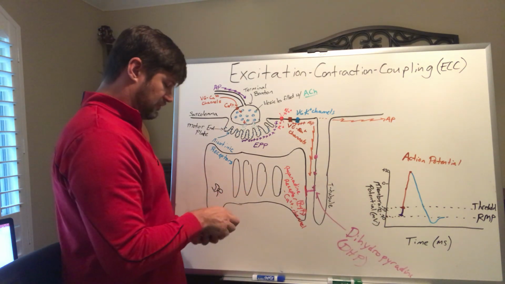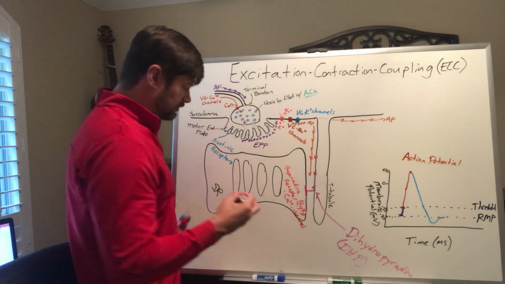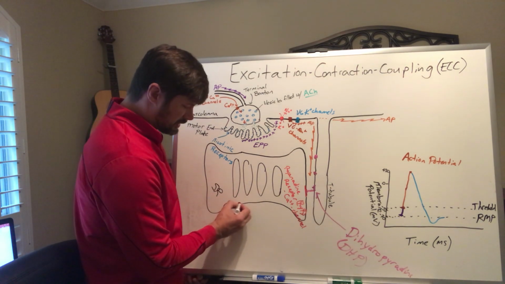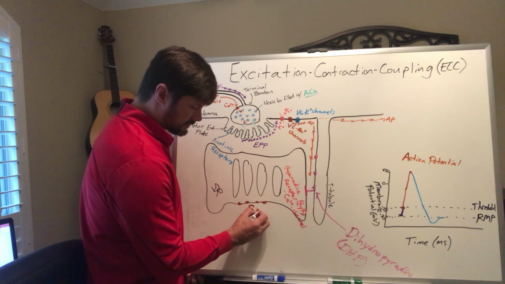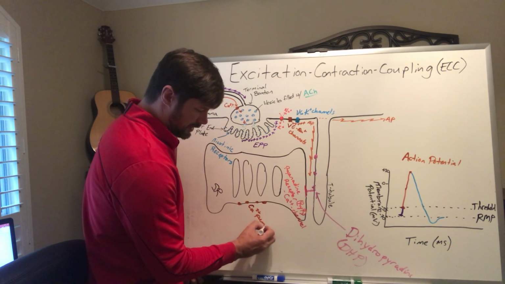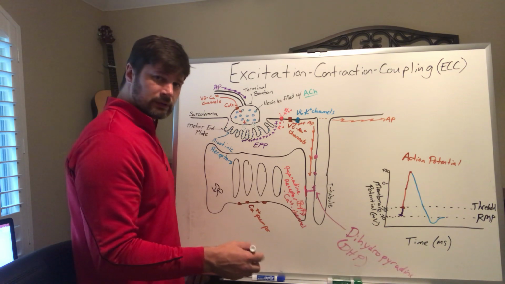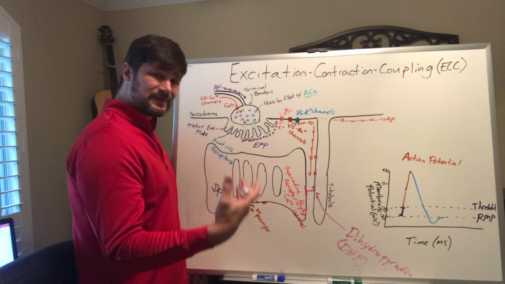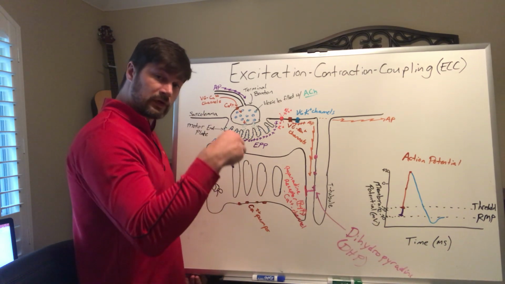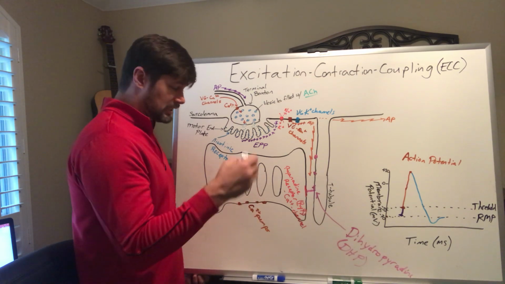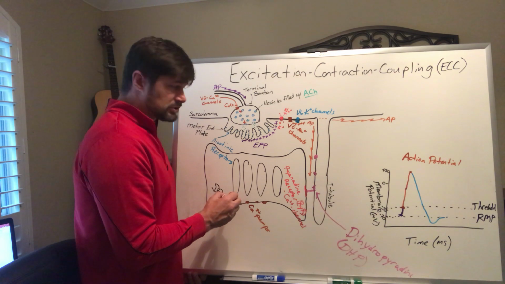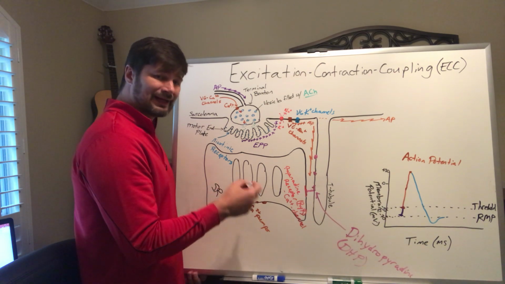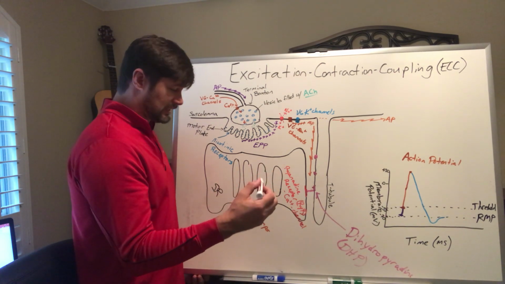Well, what do we have right here covering the surface of the sarcoplasmic reticulum? We have lots and lots of calcium pumps. And remember, a pump is a protein that uses ATP to move things from an area of low concentration to high concentration. And the sarcoplasmic reticulum is just a big bag of calcium. It's a huge bag of calcium.